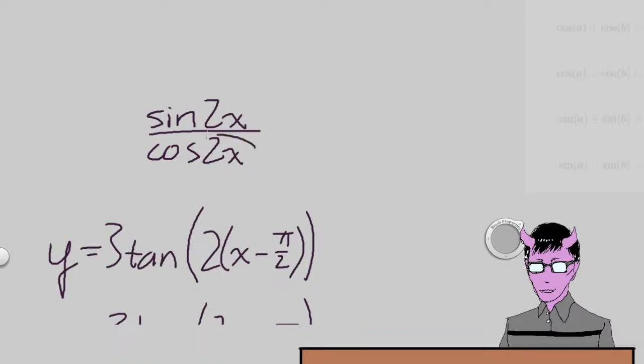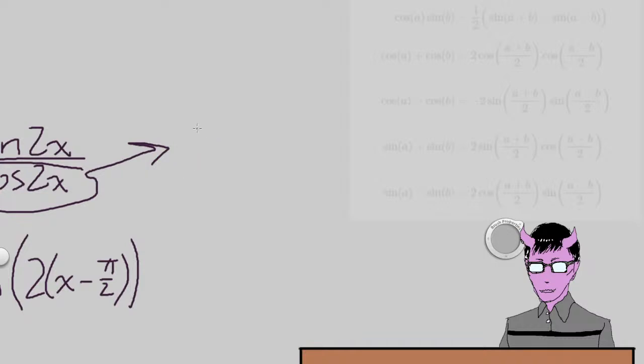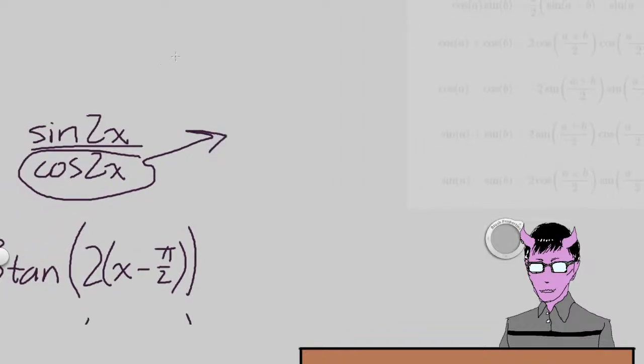So what are we thinking about? We're considering how do we make the bottom into 0. So what causes cosine of 2x to become 0? That's ultimately the consideration for the VAs. So what does that mean for us? Well, if we have an interquadrant angle there and an interquadrant angle there, so that's going to be pi over 2 plus every single iteration of pi.